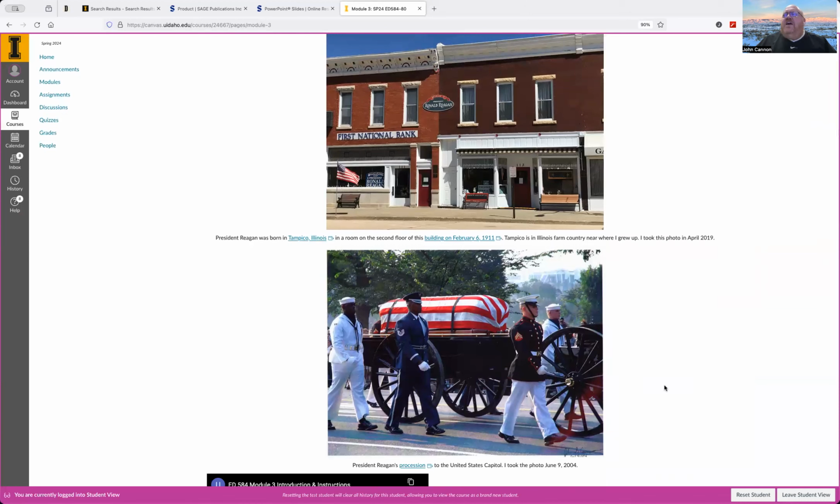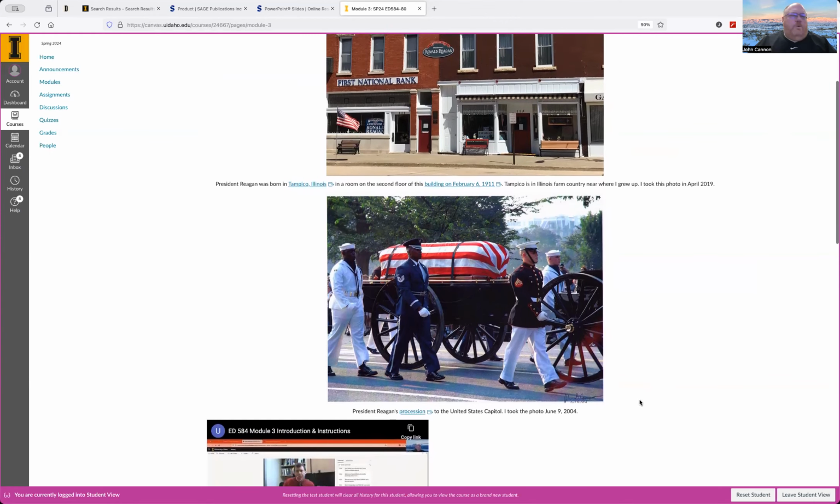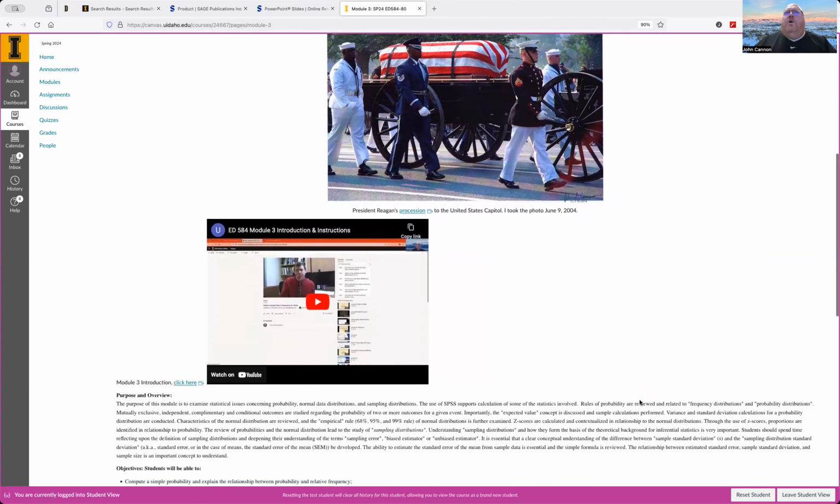The second photo is of his funeral procession to the U.S. Capitol in 2004 after he had passed away. I was at Virginia Tech, and I drove in on a hot early summer day to watch the procession, and I was also able to get into the Capitol. After waiting a while in line, I finally got into the Capitol around midnight, where the former president was lying in state.